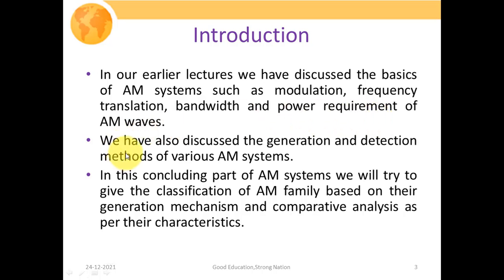We have also discussed the generation as well as detection mechanism of various AM systems. Now in this concluding part of our amplitude modulated systems, we will try to give the classification of the amplitude modulation family based on their generation mechanism, and a comparative analysis as per the different characteristics possessed by the different AM system family.